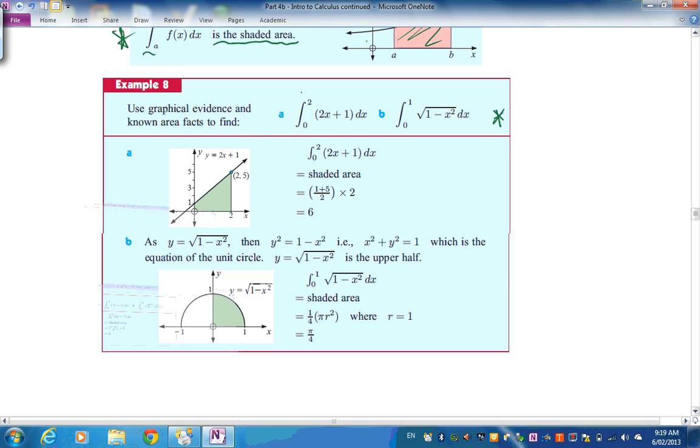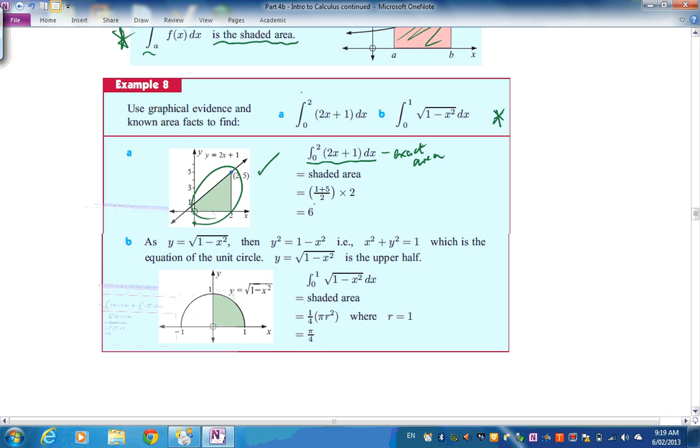Because if you drew the graph of 2x plus 1, you could use the area of that figure there. How could you get the area of that figure? So this is the exact thing that we want. The integral from 0 to 2 means the exact area, so we're not going to use upper and lower rectangle sums here. So how can we actually find that?